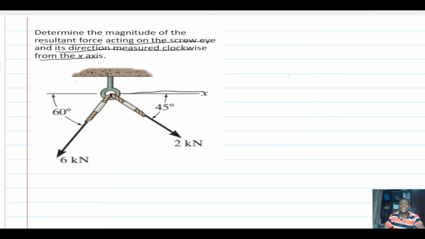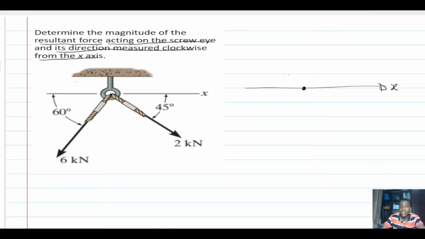We are supposed to find the resultant force of these two forces. Then I want to use the parallelogram method in this example with you. Let's see how it is done. So I have this x-axis right here. Now I have the screw eye at this point.